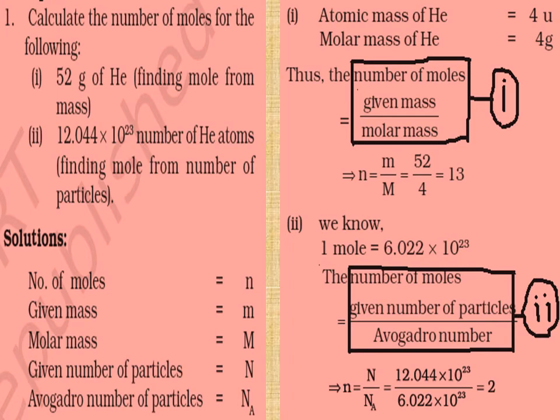So let's calculate the first equation: 52 grams of helium, finding moles from mass.